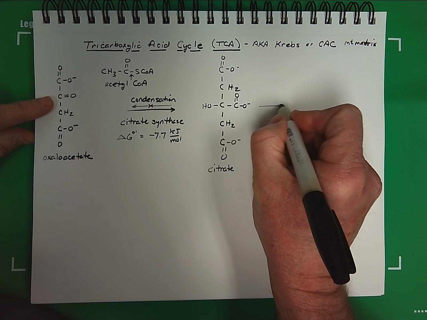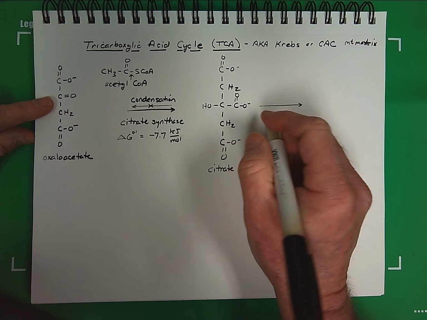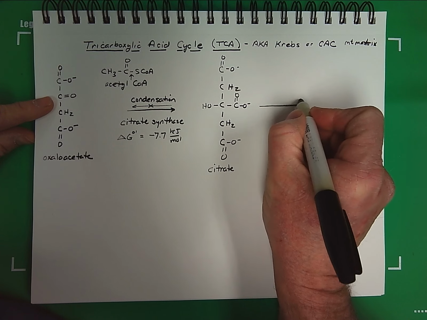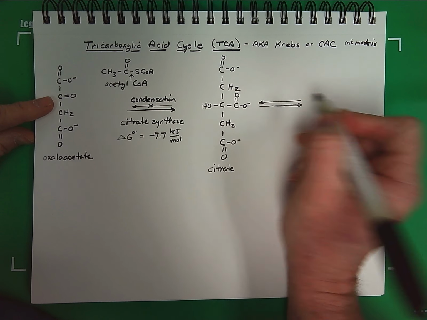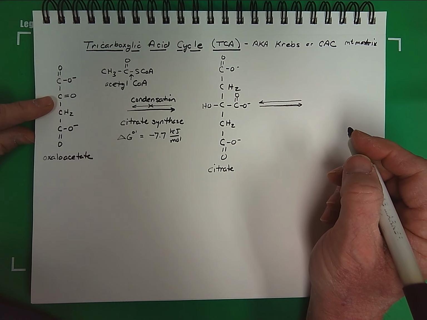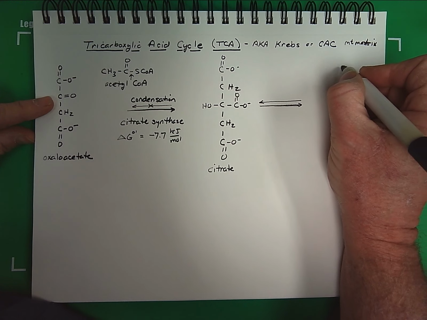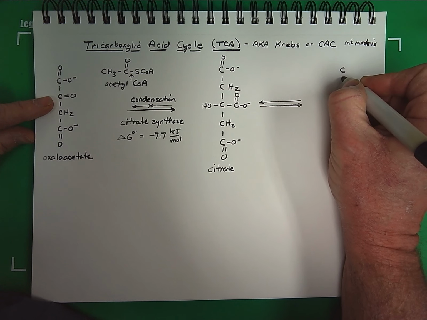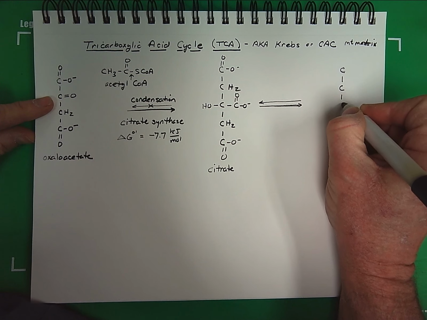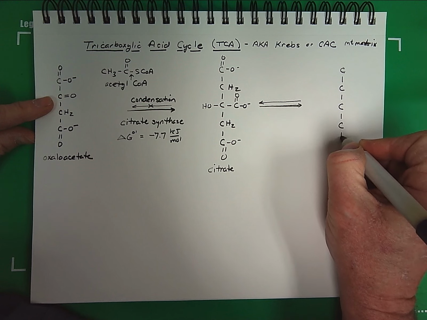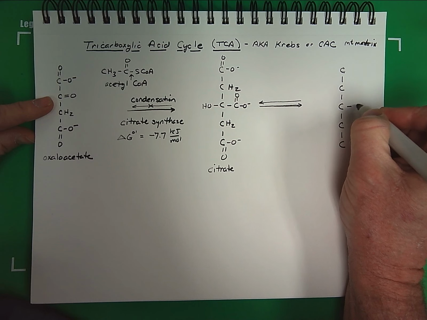Now, the next reaction is a very reversible reaction, and it will depend on substrate-product relationship, as we've seen in our free energy calculations before. And what we are going to make here is a modification of our 6-carbon intermediate.